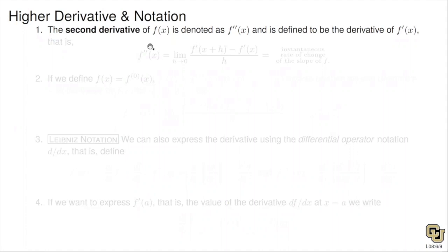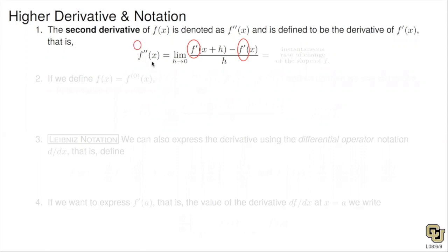So we define the second derivative of the function f of x, which we write as f double prime, the double prime to indicate a second derivative. We define this to be the derivative of the derivative. So here's the limit definition. The only difference is instead of having an f in this limit definition of the derivative, I'm now applying the derivative definition to f prime.